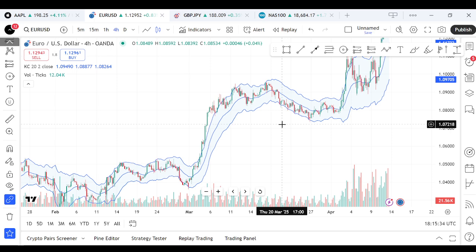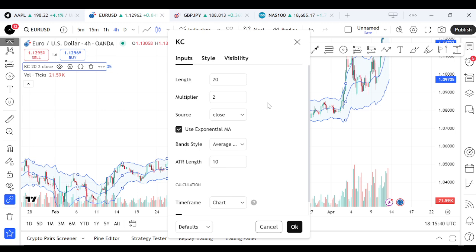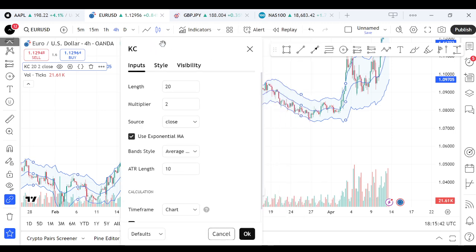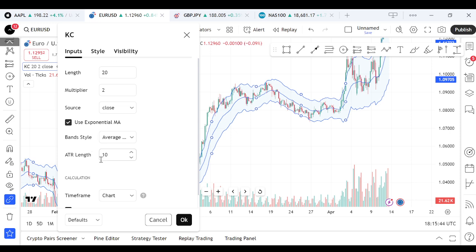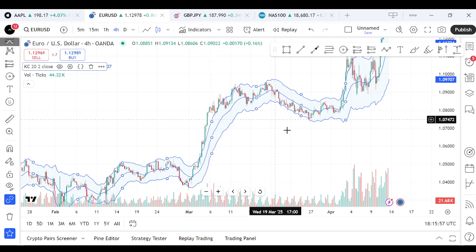These outer bands are calculated using a multiple of the average true range, which is the ATR. The multiple can be set on the indicator. You have the ATR length set at 10, which is the default, and the ATR in the outer bands measures market volatility. The result is a dynamic channel that adjusts to price movements.